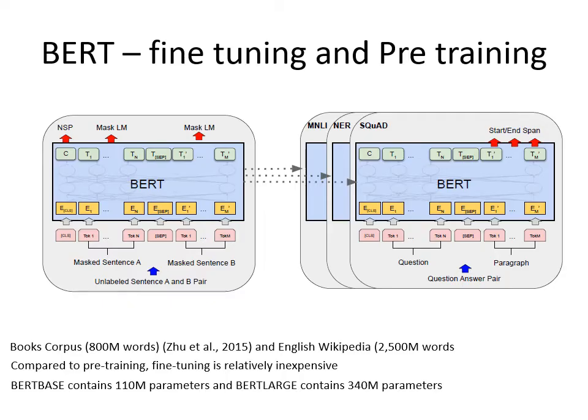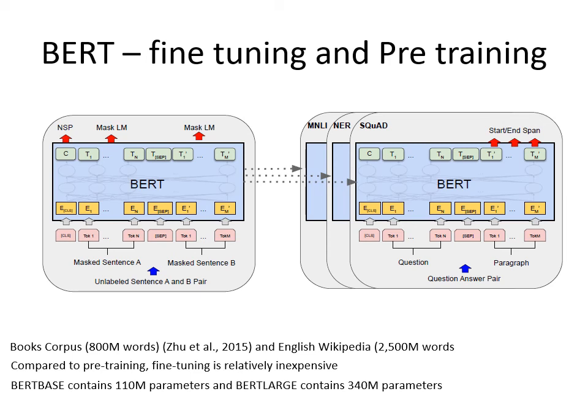As explained previously, BERT was trained with pre-training tasks, and 11 different NLP tasks were used with fine-tuning. Book corpus and English Wikipedia were used for those tasks. Compared to pre-training, fine-tuning is relatively inexpensive. BERT base contains 110 million parameters and BERT large contains 340 million parameters.